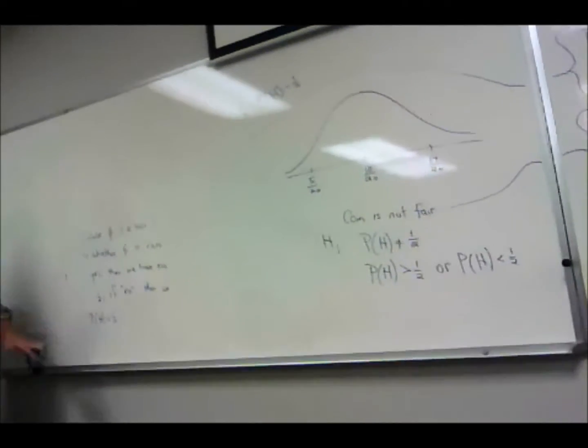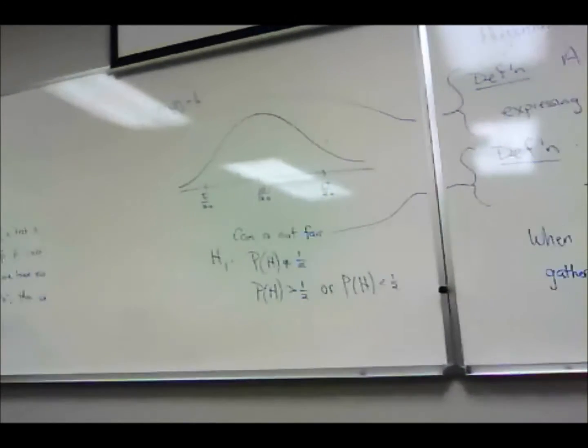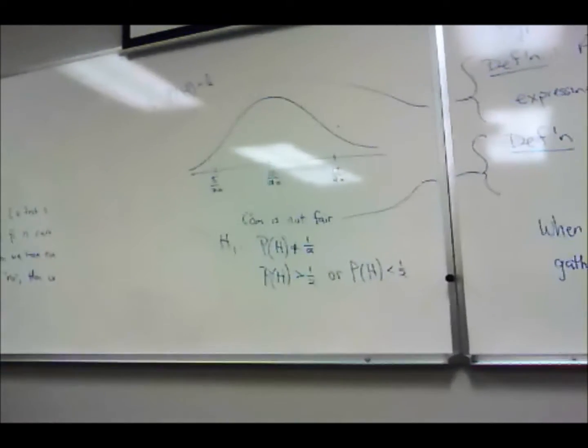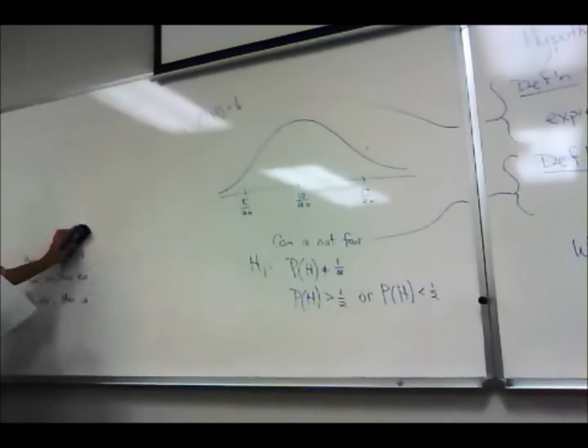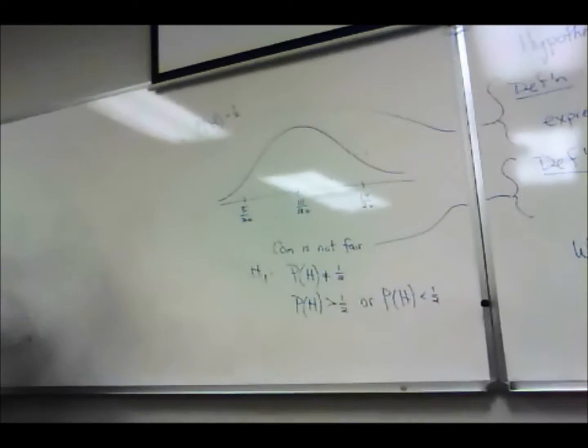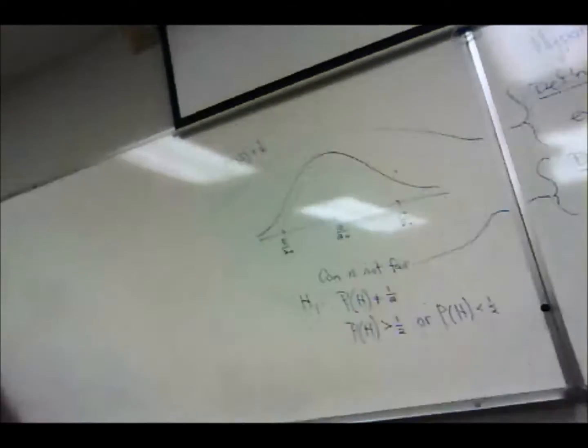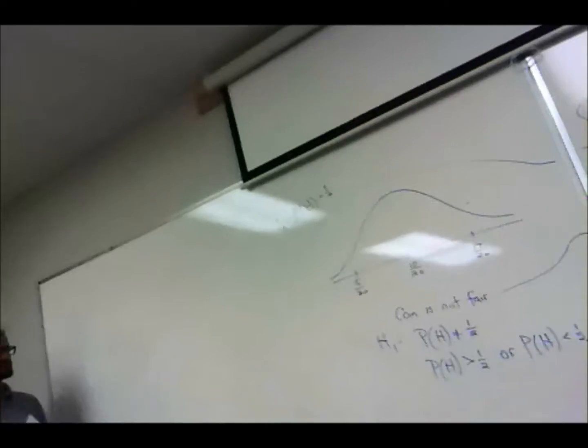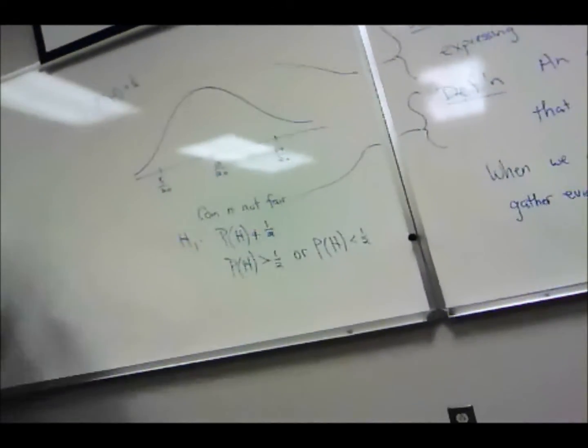As we go along, if you see relationships between this and confidence intervals, you're not crazy. They're closely related. The test statistics I'm about to give you are very similar to what you've seen for confidence intervals.